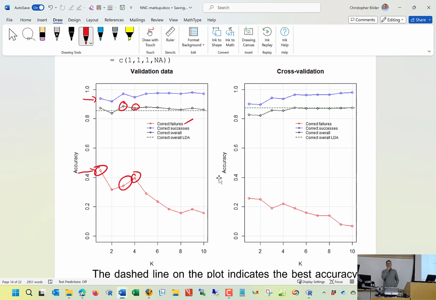Sorry, you said the reason that the overall correct failure is so low is like 40% accuracy. It's because of our data set. In other data sets, it should be higher. Yeah. So you're saying, why are we even so low there? The reason is it's just having a hard time predicting.